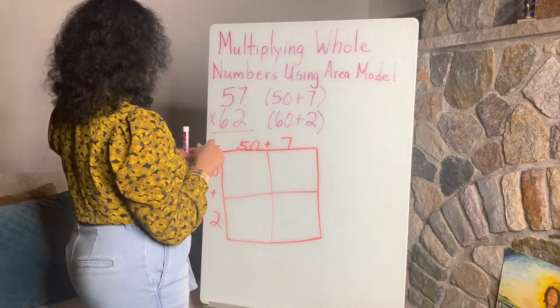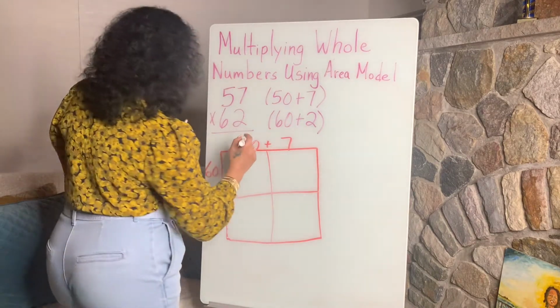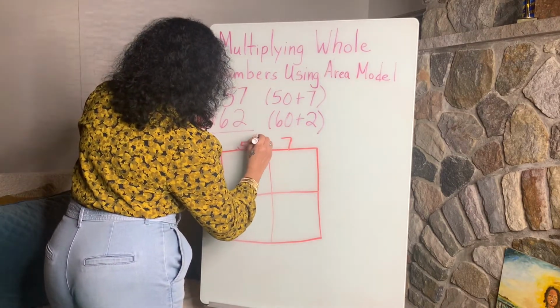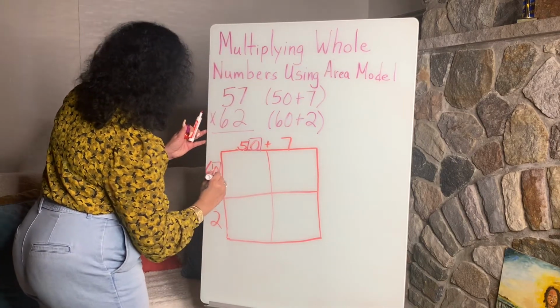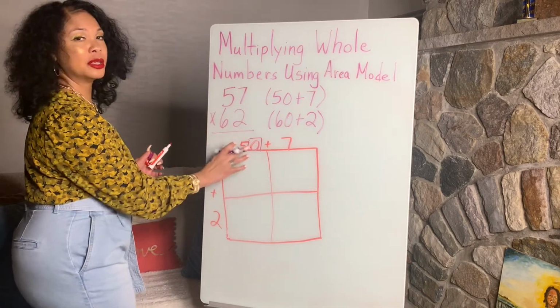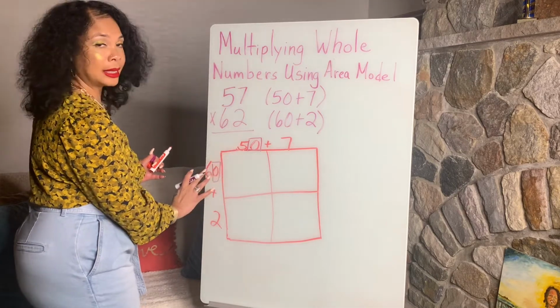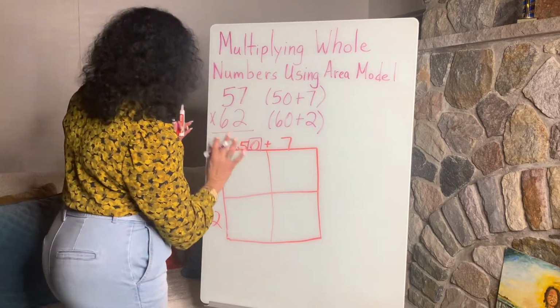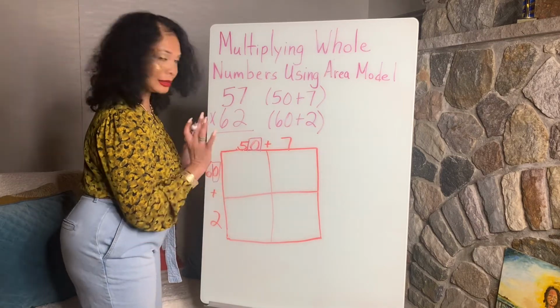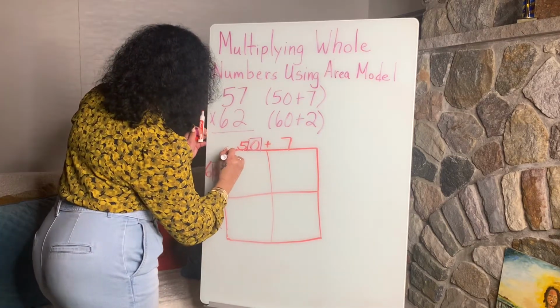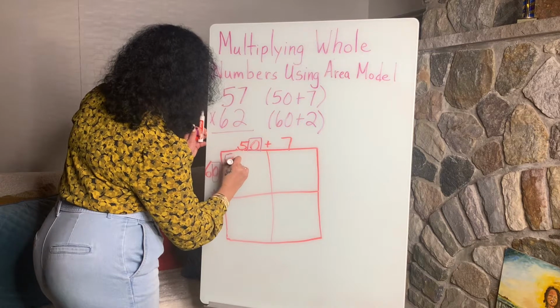So I like to do something like this. I like to box my zeros. And the reason why I do that is it gives me the basic multiplication facts. So these two numbers, 50 times 60, we're going to write in the first box.